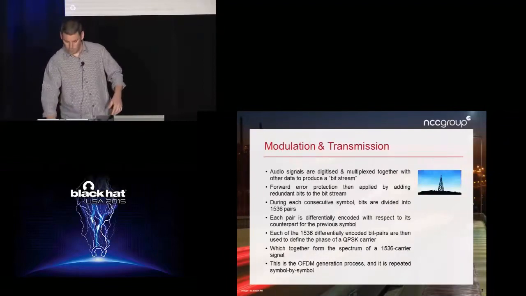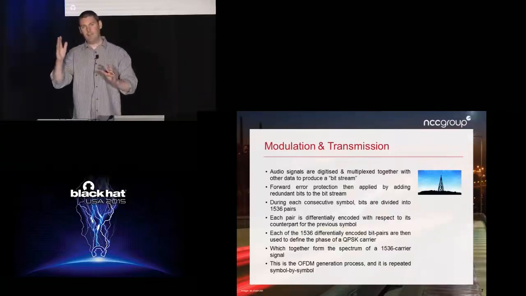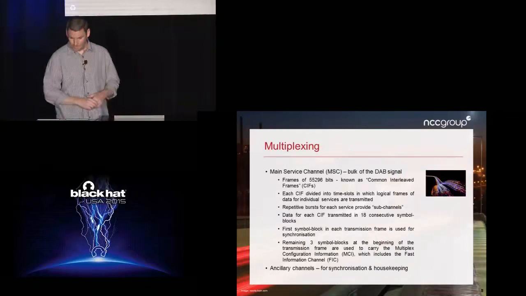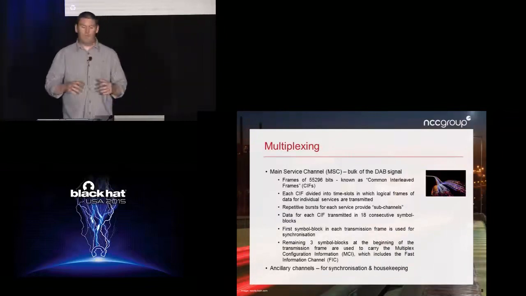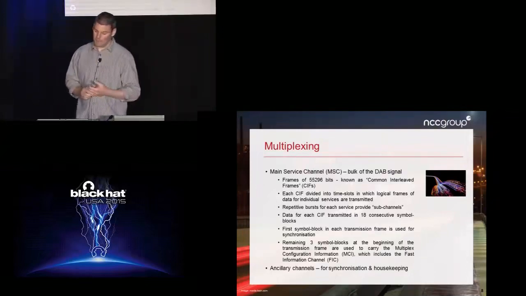So just to explain, as a result of having lots and lots of different carriers that are all very low bandwidth, you end up with a total bandwidth of just over 1 megabit a second. Now, I talked about multiplexing and the fact that you've got these different audio and digital data services that need to be multiplexed together.